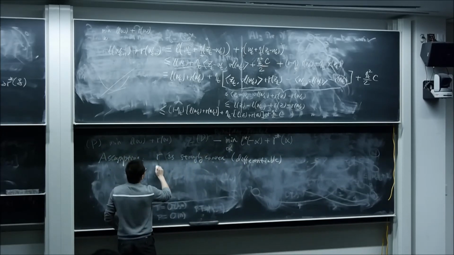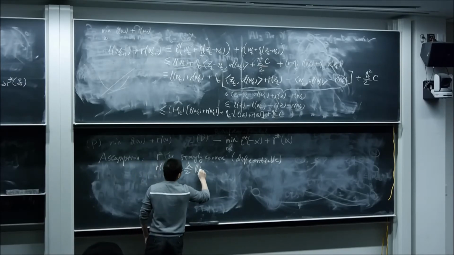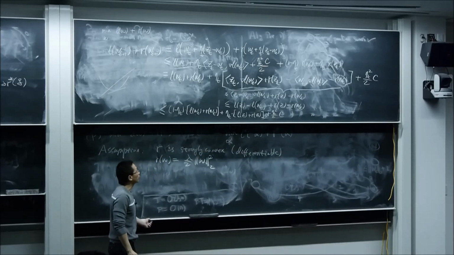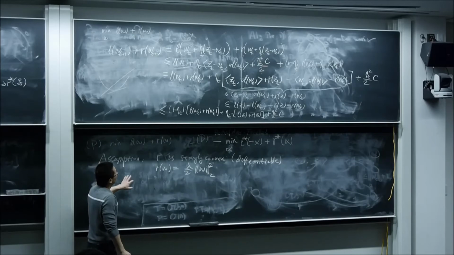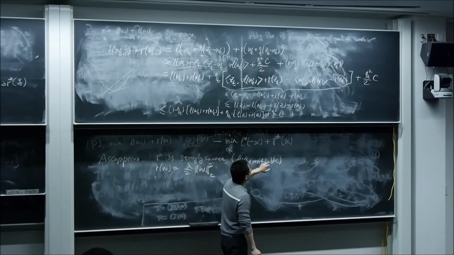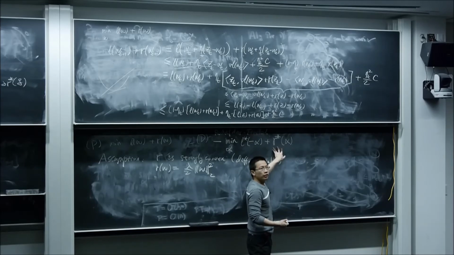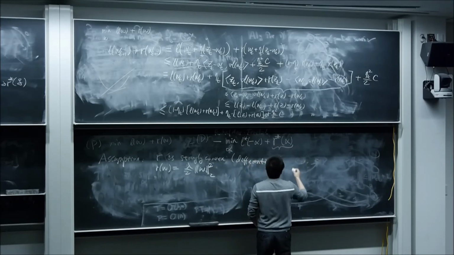So if, for instance, R of W is lambda over 2 times the 2-norm squared, right? This is the usual one. Okay, this is the assumption. And from here, because this is strongly convex, you can actually see its Fenchel dual is going to be a smooth function.